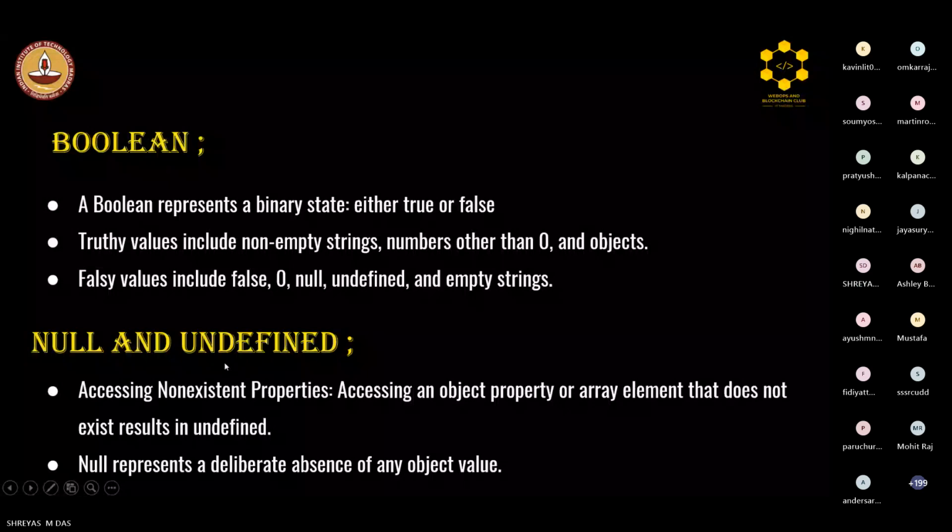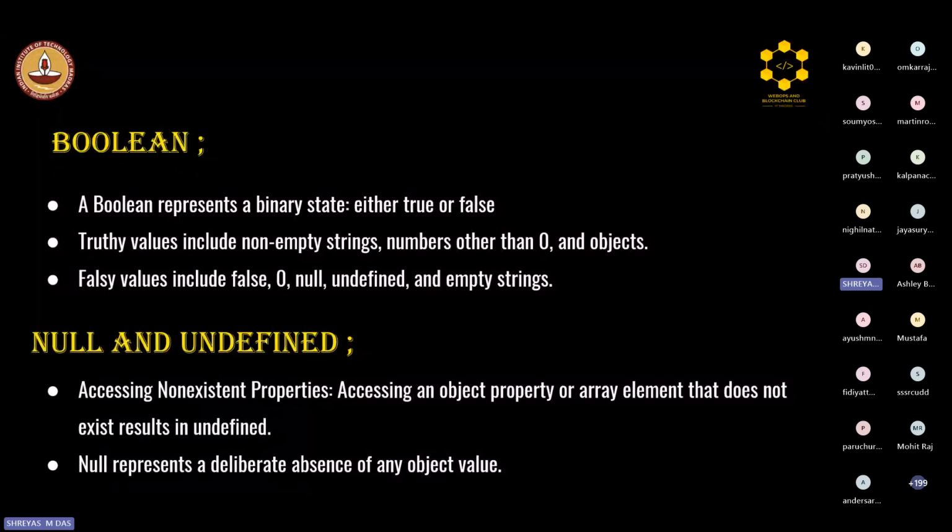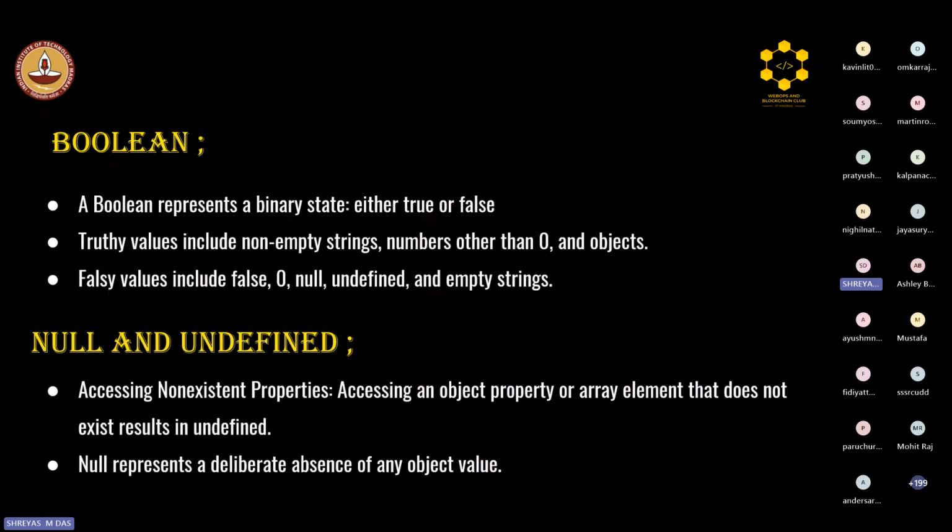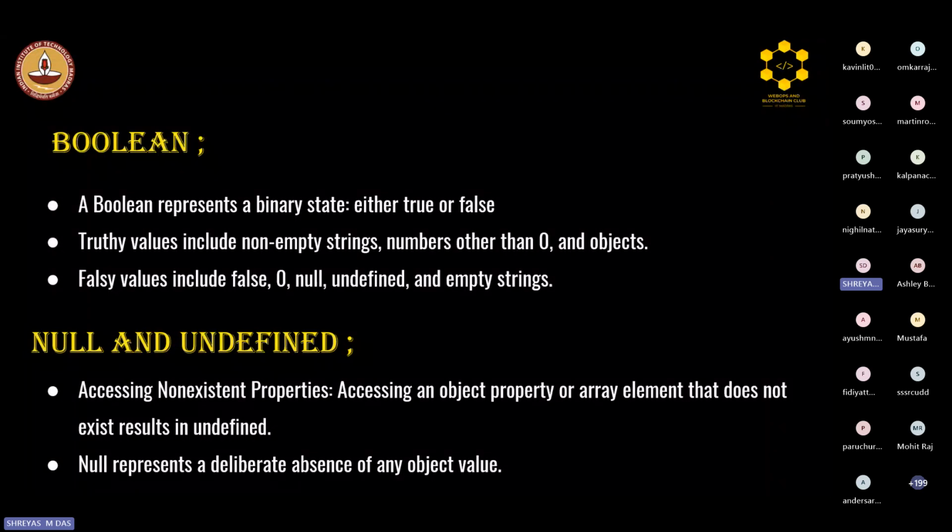Accessing non-existent properties, accessing an object, array or element that does not exist gives undefined. So if I'm creating an array which doesn't have any element, that will be considered undefined.